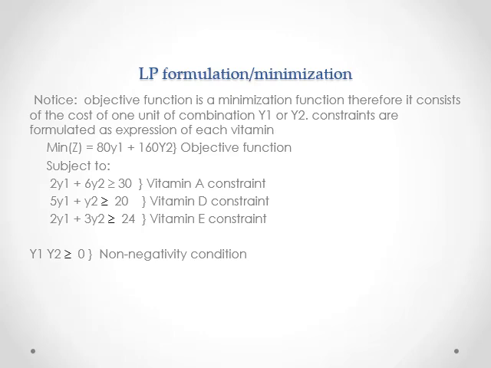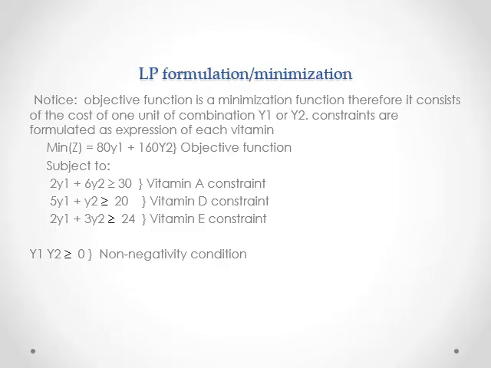Refer to the previous problem of minimization. The objective function is a minimization function. Therefore, it consists of the cost of 1 unit of combination y1 or y2. Constraints are formulated as an expression of each vitamin.